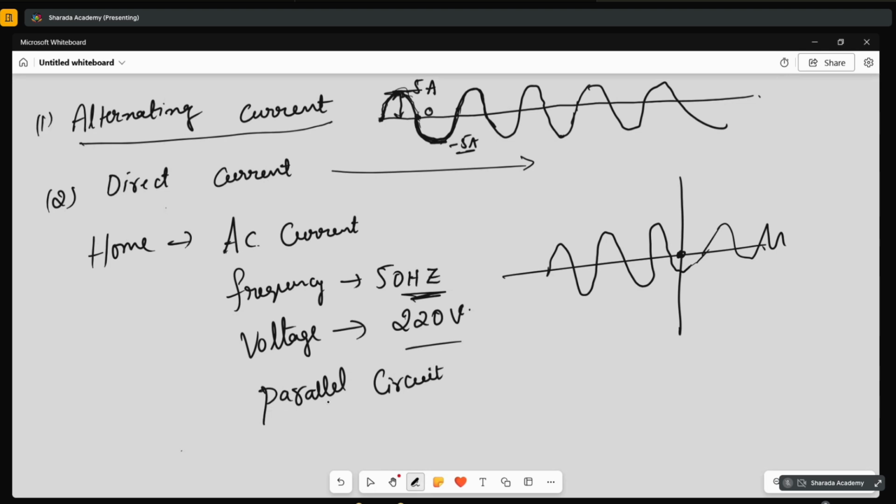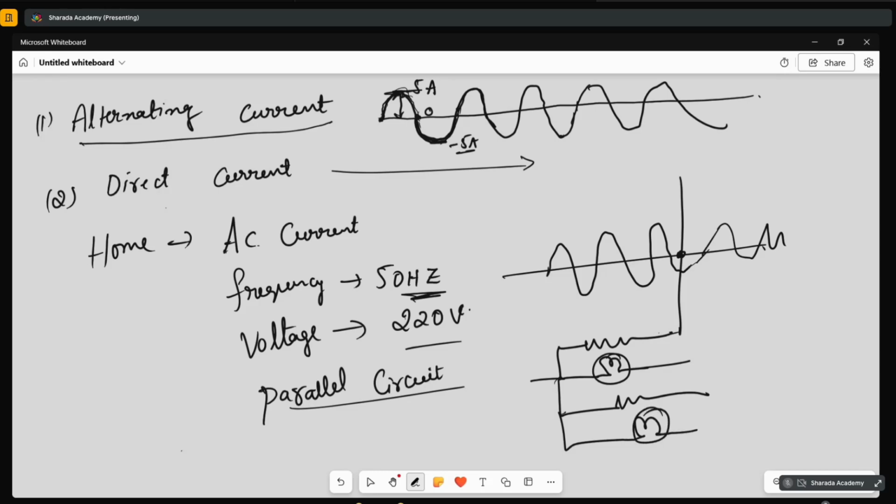So what are the advantages of the parallel circuit? As we know, like we have a resistor here, we have many bulbs. Any device we are using will be in the parallel circuit, like this. So the voltage whatever we get, 220 volts, will be applied to this.